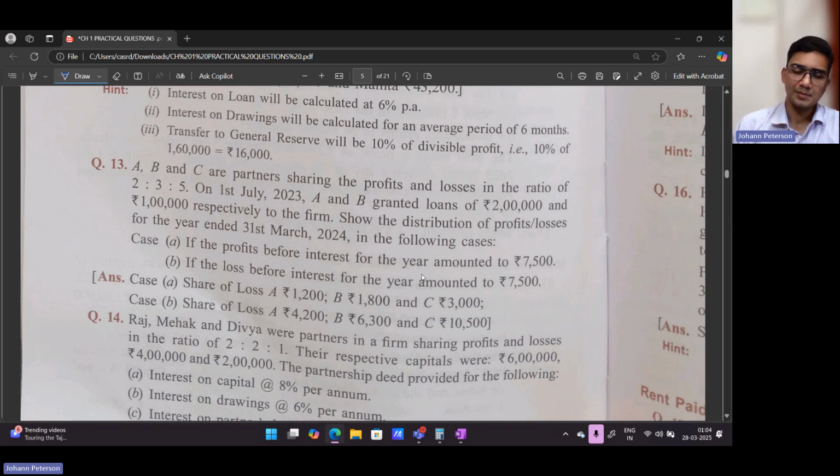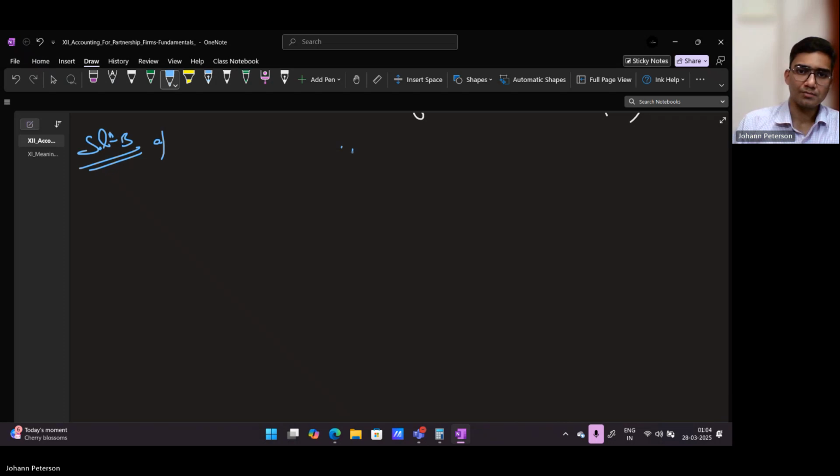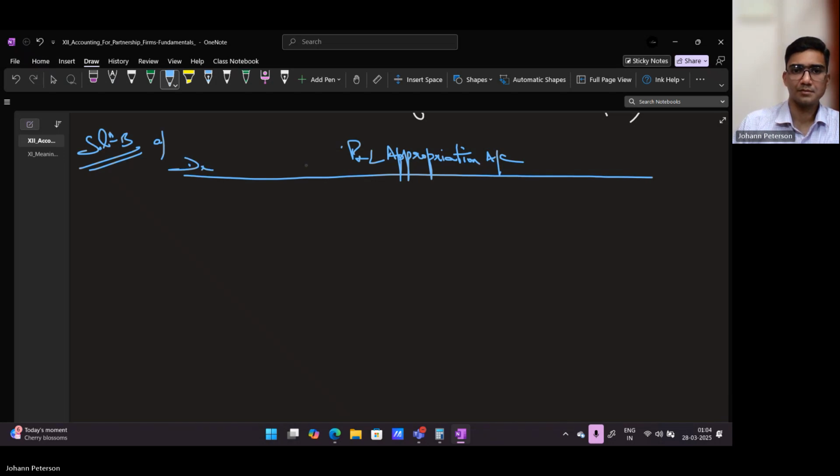So that means we are given the profits of the P&L account before this interest is given. So therefore, this will come on the credit side. So let's make a P&L. This is part A. So P and L appropriation. Over here we have been given this amount.